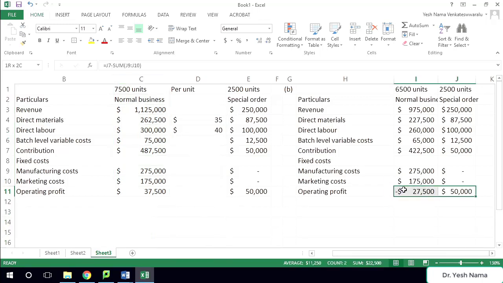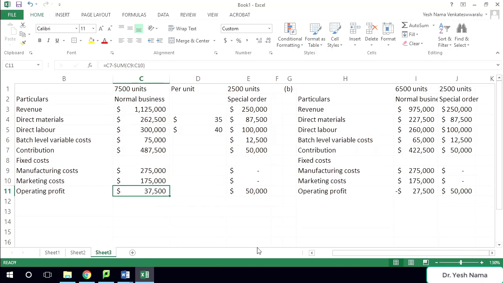And if you accept the special order, your profit will be 22,500, which is the sum of 50,000 minus 27,500 loss from your regular business. So it will be sum of these two numbers, 22,500. If you accept the special order, 22,500. If you do not accept the special order, 37,500. What will you do? Keep the normal business and turn down the special order.